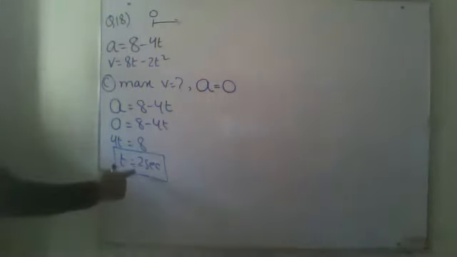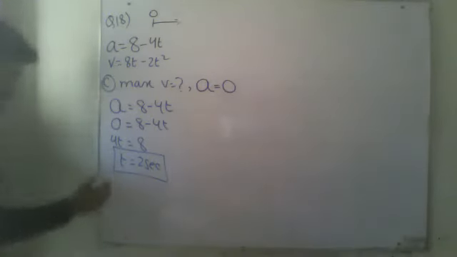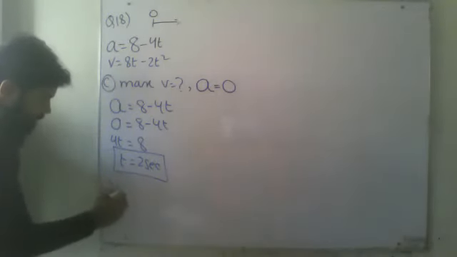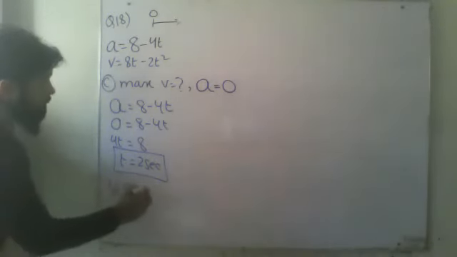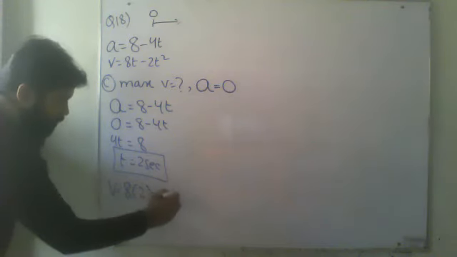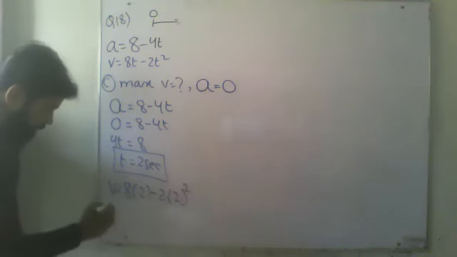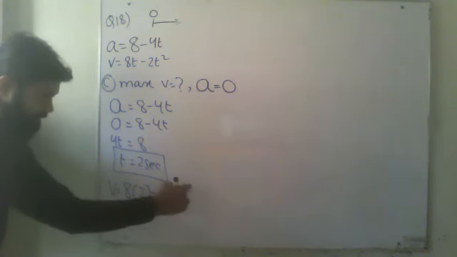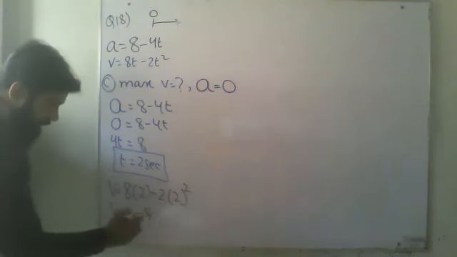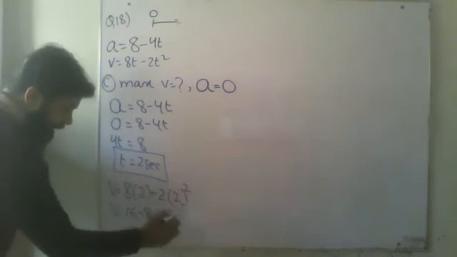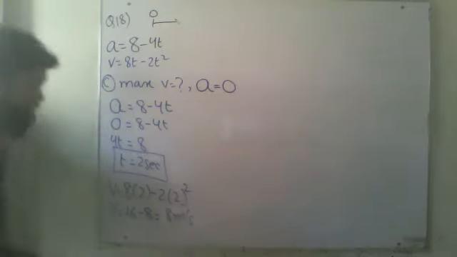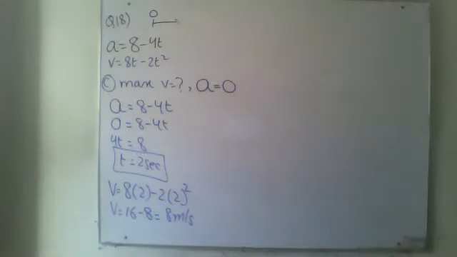Taking this 2 seconds and putting it into v equals to 8 times 2 minus 2 times 2 square. V equals to 16 minus 2 times 4, which is 16 minus 8, which is 8 meters per second. So that was the highest velocity the body reached during the motion from O to A.